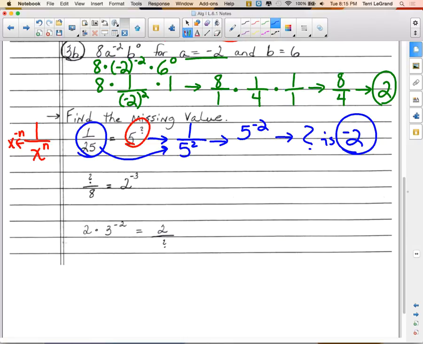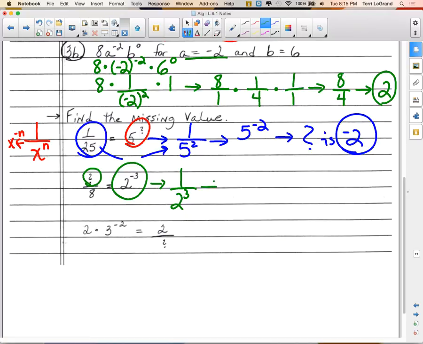Okay, the next one, our question mark is in a numerator over an 8, and it's the same as 2 to the negative 3 power. Probably the way to work this one is to always take the one that you know and give it a new name. So we'll say 2 to the negative 3 power could be rewritten as 1 over 2 to the positive 3 power.